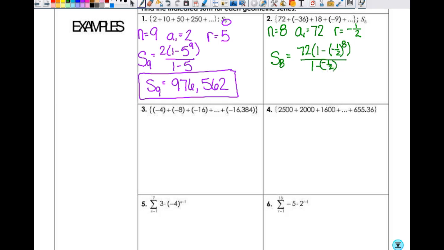Okay. So again, I would use the fraction function, and even when you have a fraction, you can put a fraction in that calculator so it looks all nice and pretty when you're typing it in. Watch the negative signs.